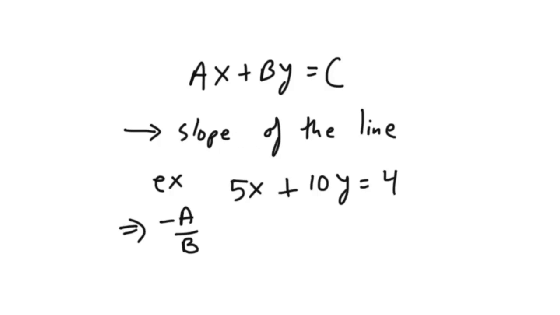Here, the a is the 5, that's your a. And the b is the 10, and you take the sign also. If this were a negative sign, it would have been negative 10.